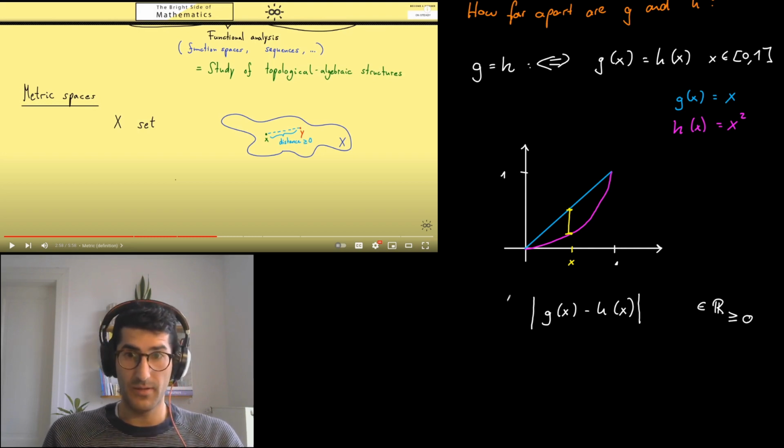Now the problem, if we would like to define a distance of functions in this way, would be that it heavily depends on the choice of x that we make.